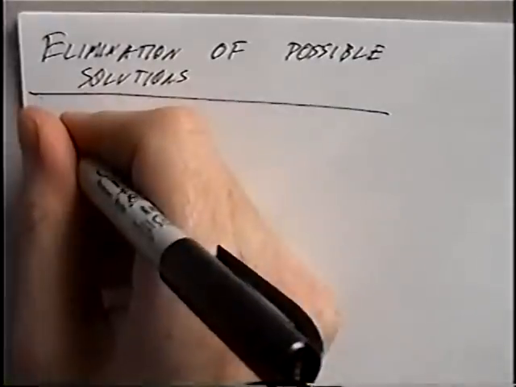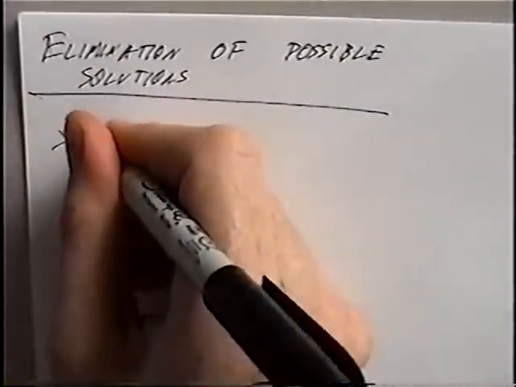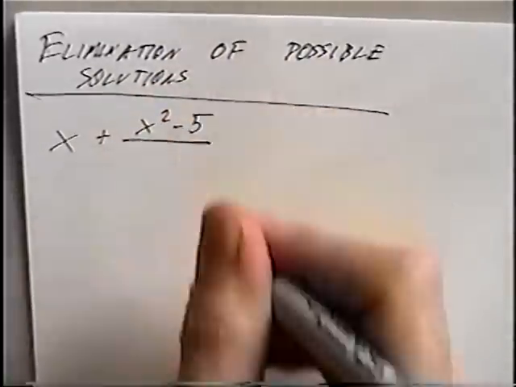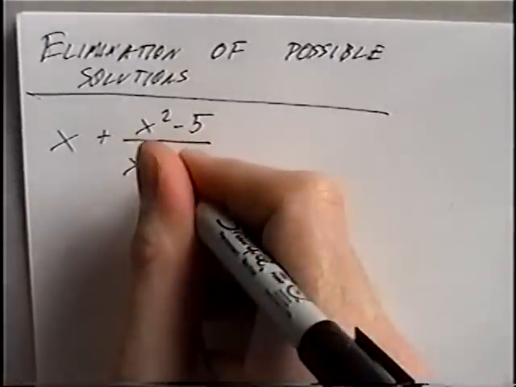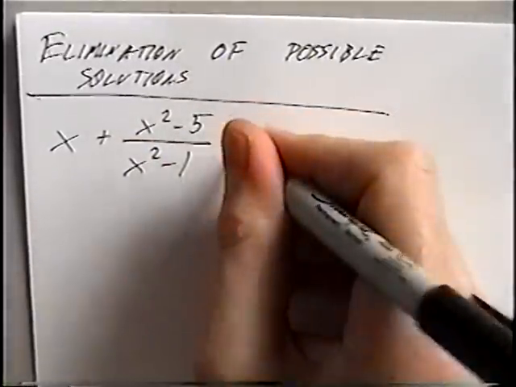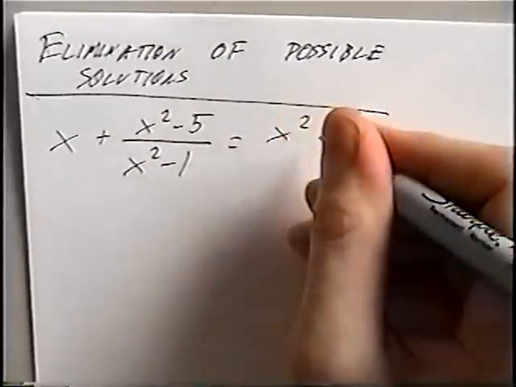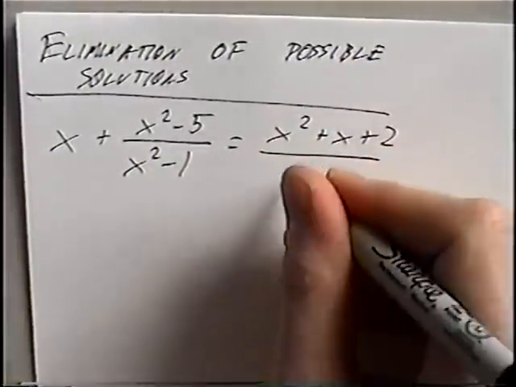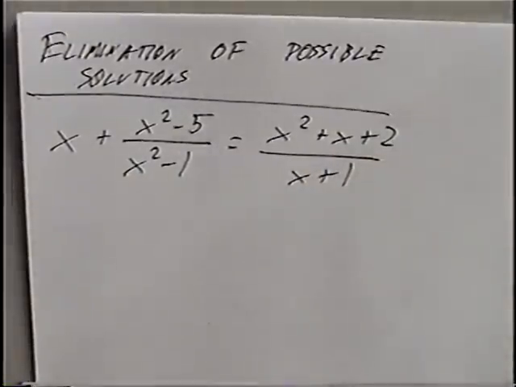First question is x plus x squared minus 5 over x squared minus 1 equals x squared plus x plus 2 over x plus 1.